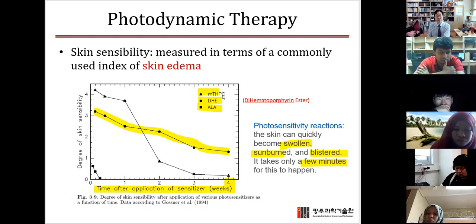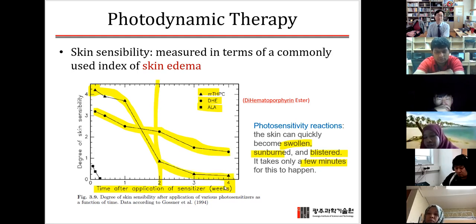And the MTHPC has higher sensitivity right after the injection. However, it drops quickly at 2 weeks after injection. So after 2 weeks, this MTHPC has a lower sensitivity compared with the dihematoporphyrin, which is much better.